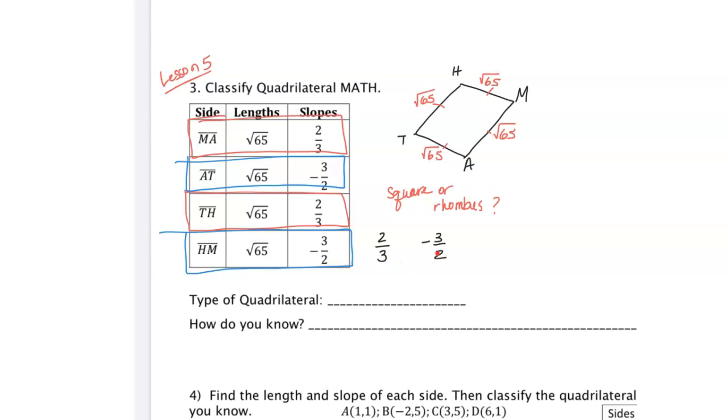Are these opposite reciprocals? Well, 2/3, if you flip it, becomes 3/2. 2/3 is positive, while this one is negative. So yes, opposite reciprocals. So that means that they are perpendicular.